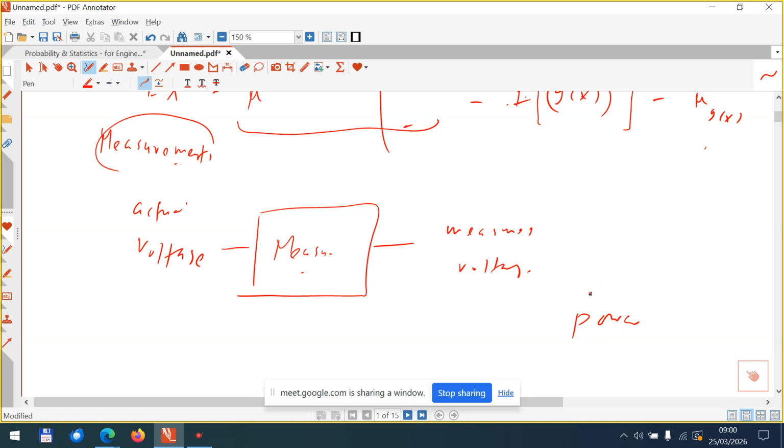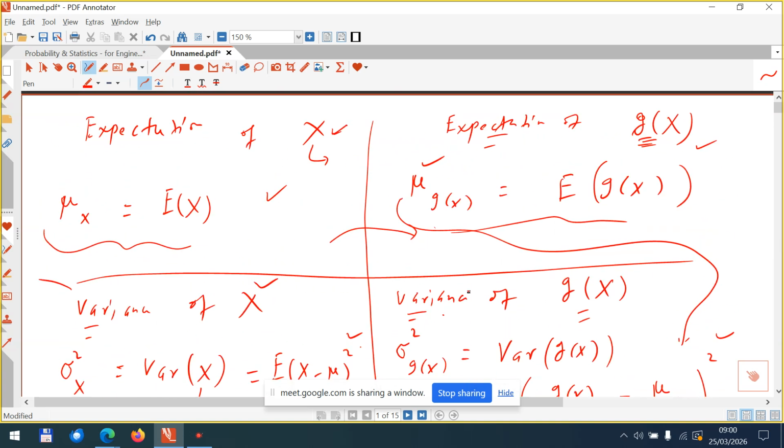So you don't need to measure the power, you can compute the power from the measured voltage. That's the analogy here. Because you know the distribution of x, you know everything about x, all the uncertainty related to x, and then you want to compute these expected values for g of x, but you want to do it without knowing the distribution of g of x. That is a difficult task.